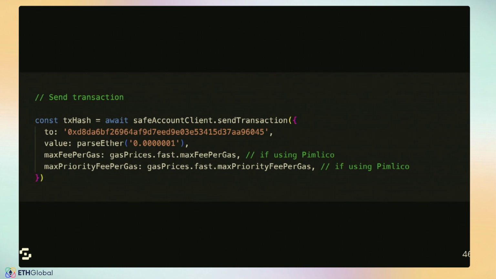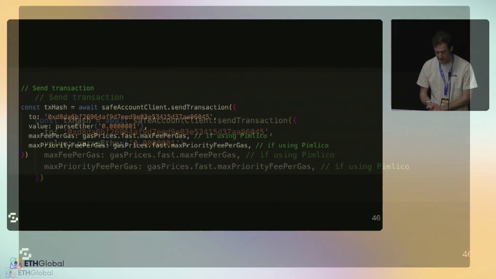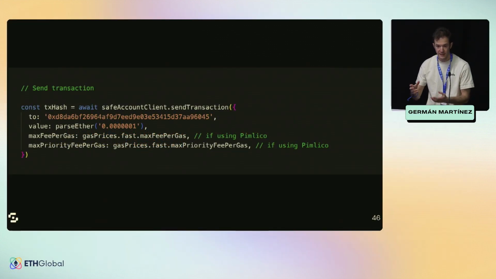If we want to send some 0.00 something native token to a specific address, we can specify some properties related with the gas, and we will get the transaction hash. If we didn't have a Safe deployed, it will deploy the Safe with the 4337 module set up and execute the transaction we are triggering. If we already had a Safe deployed, it will just execute this user operation.